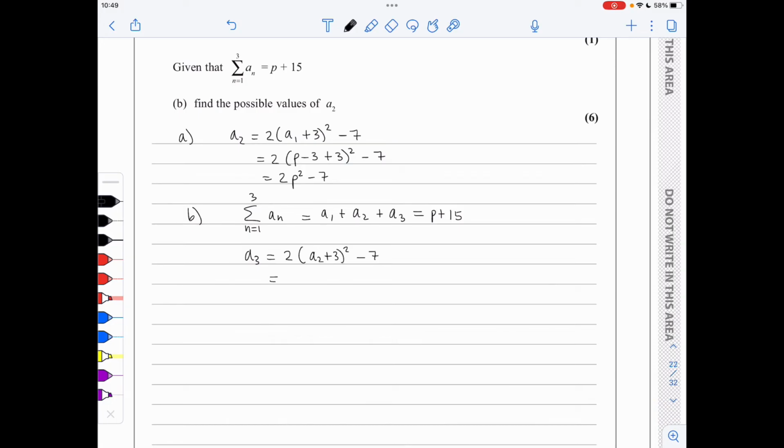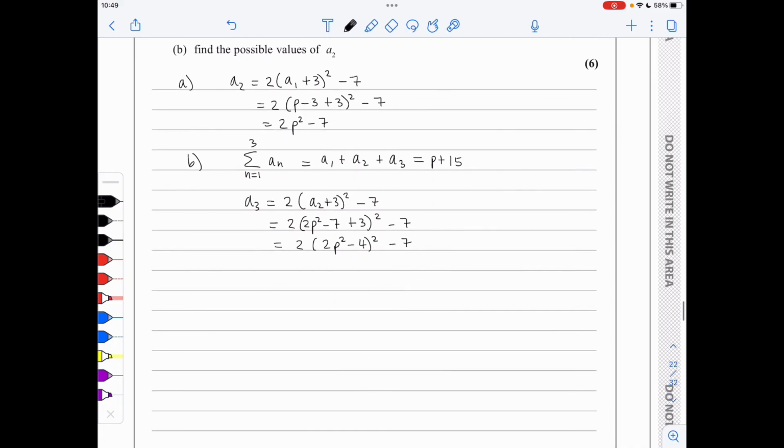I'm going to be using the answer from part A, so it's 2 times (2p squared minus 7 plus 3) all squared minus 7. This is 2 times (2p squared minus 4) all squared minus 7, which gives me 2 times (4p to the power of 4 minus 16p squared plus 16) close brackets minus 7.